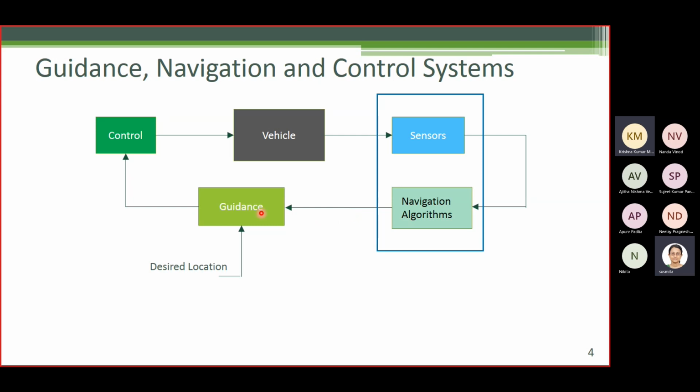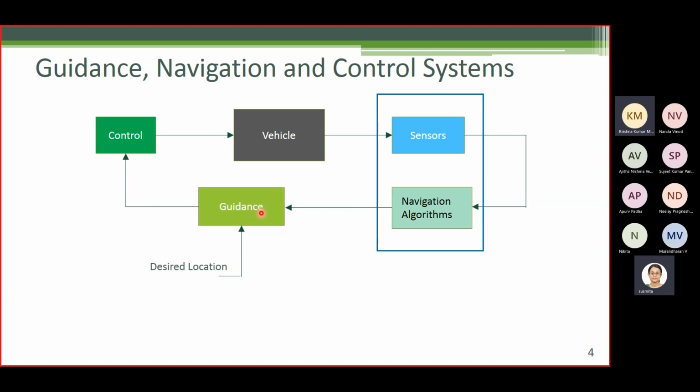Now, the guidance block has information about the desired location or orientation of the body you are interested in maneuvering or controlling, and it generates necessary instructions on how to get there. And these instructions are fed to the control block, and then the control block has the responsibility of implementing them.